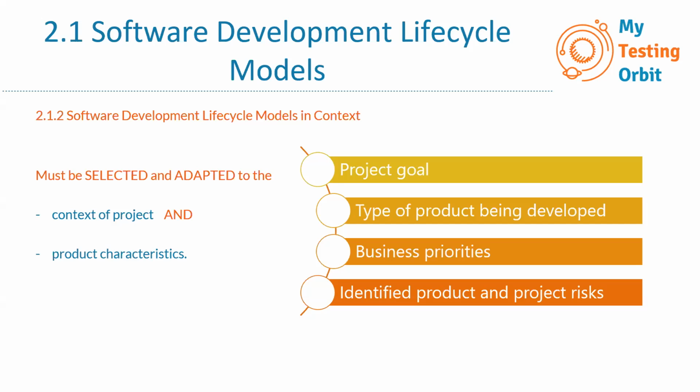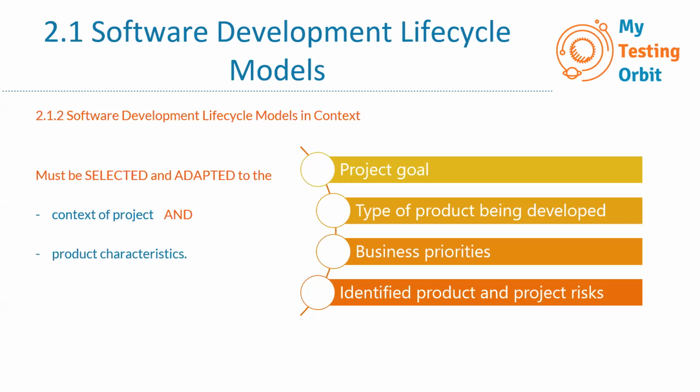The fourth one is identified product and project risk. In an earlier session, I think session 2, we covered product and project risk briefly. It depends on what kind of project we are doing and what risks are associated with it. For the product, let's say we are testing a product and there are many critical bugs in it.